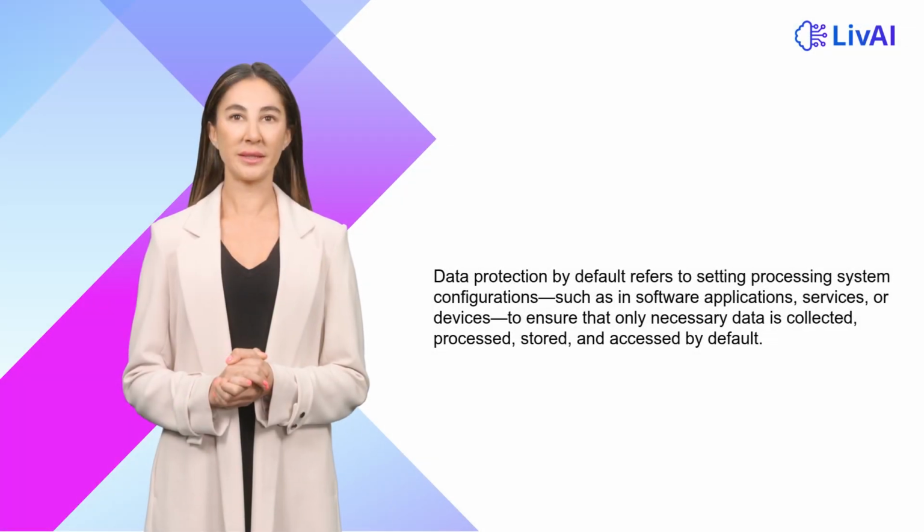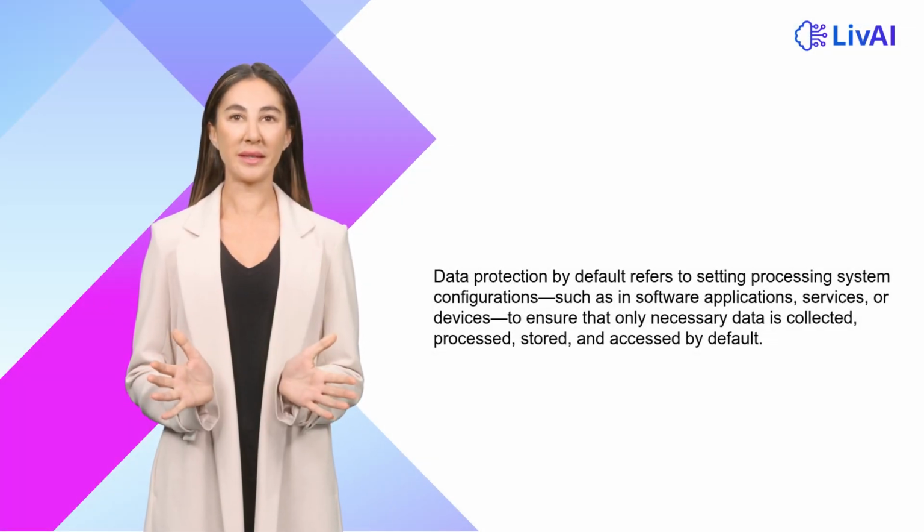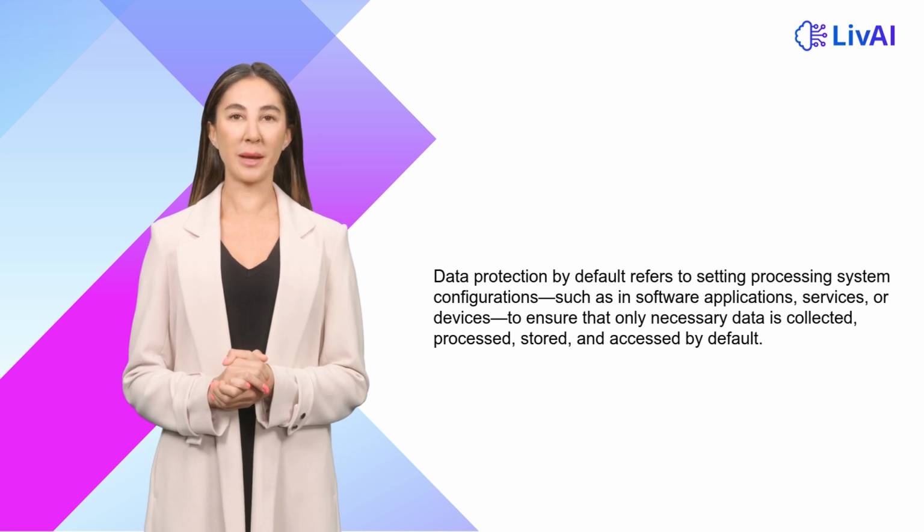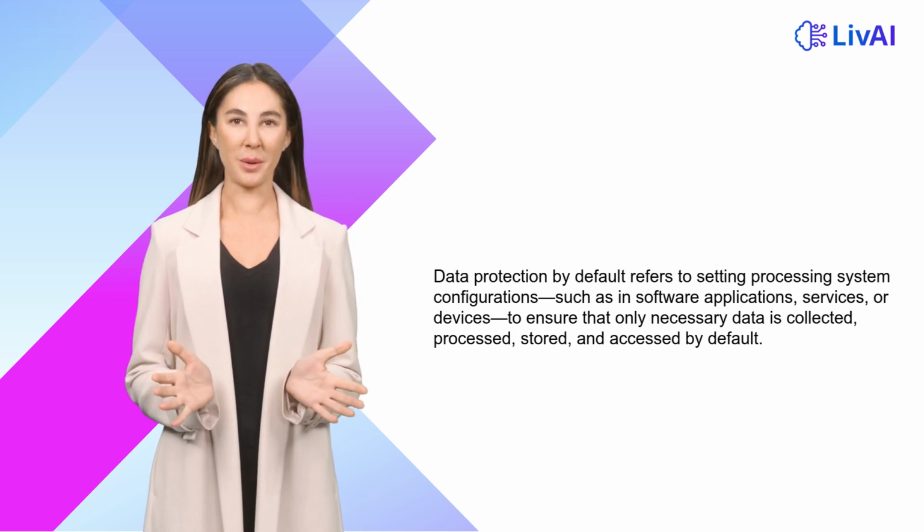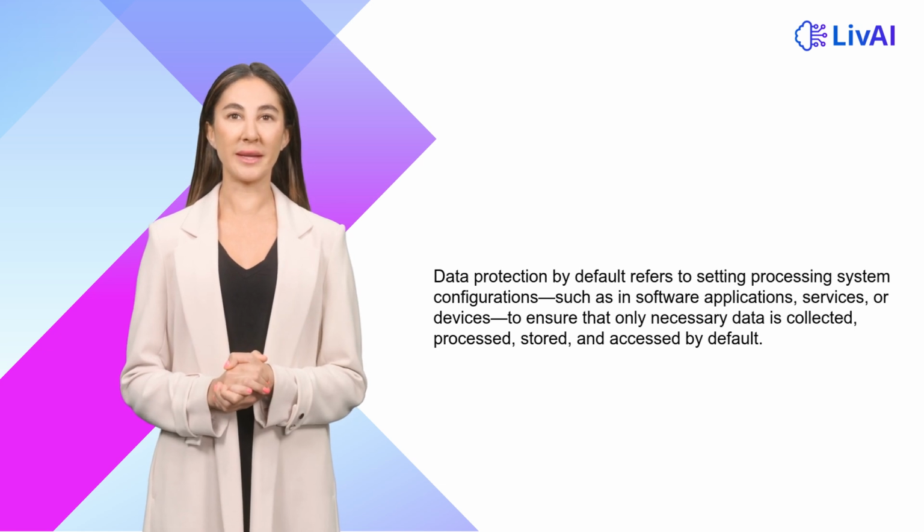Organizations must adhere to the data protection by default principle as defined by the GDPR, which emphasizes the importance of taking technical measures to meet the expectations of individuals whose data are processed. This principle requires that only necessary personal data be processed and that such data should not be processed for other purposes by default.